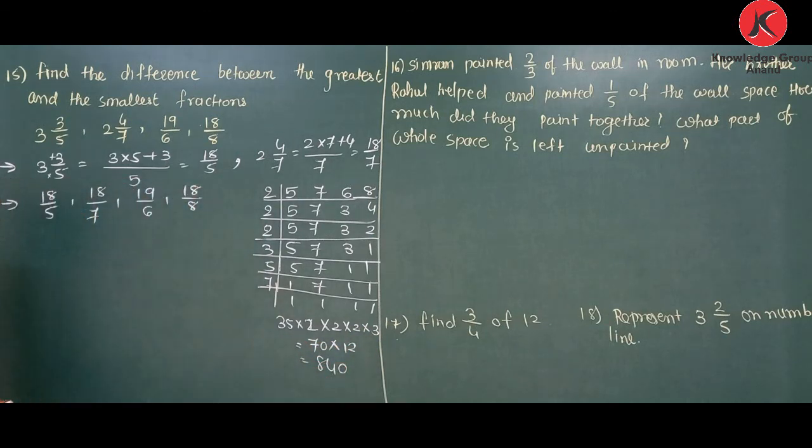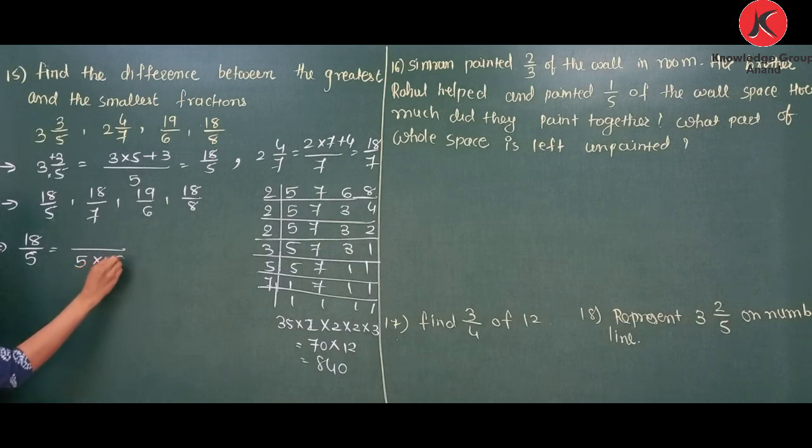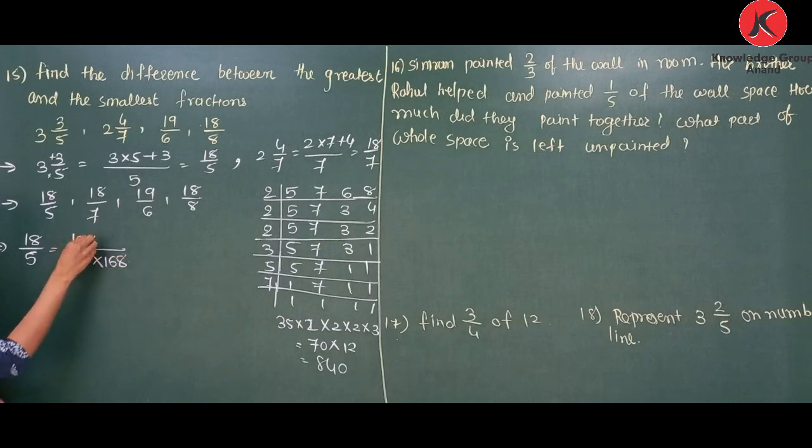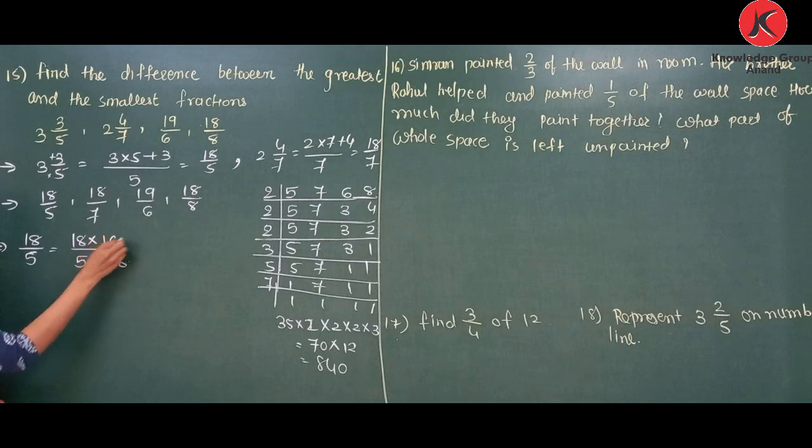LCM is 840. Now make the denominator 840. So for the first one, how can we make it? 5 is multiplied with 168 to get 840. So the same 168 in the numerator.